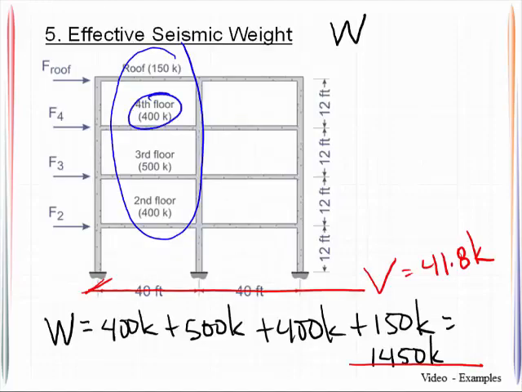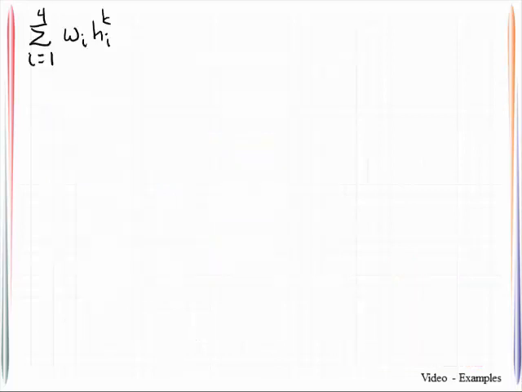So right here, you've got that W4. Here, you've got the W3, and so forth. So let's go ahead and get that value here. So we'll take here 12 feet raised to the 1.01.